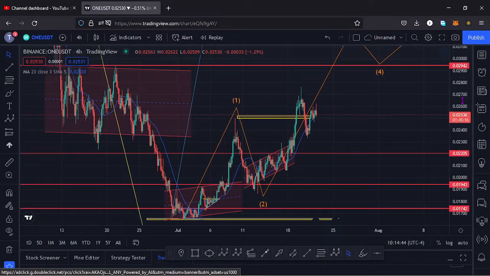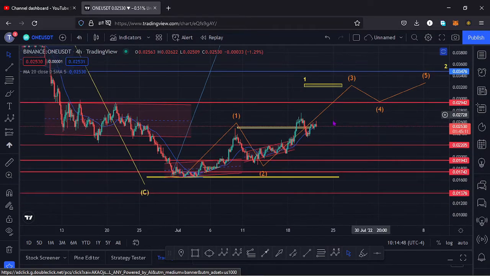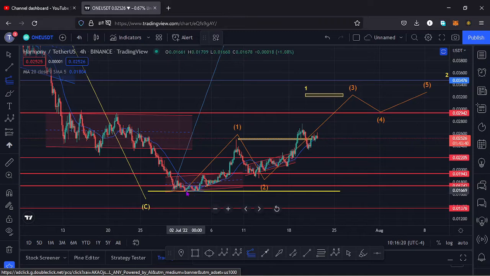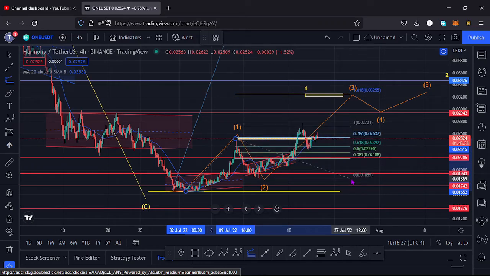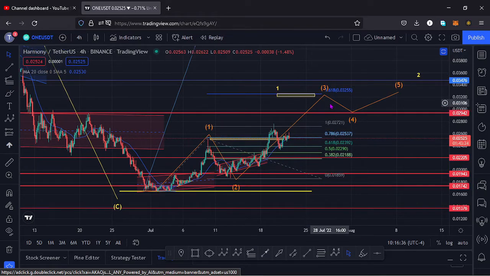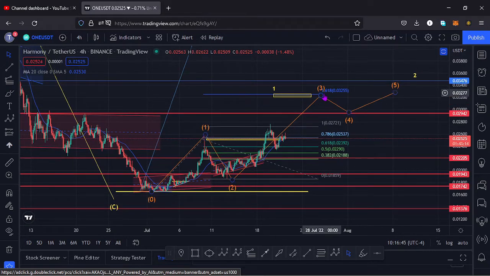And in that wave 3 I have a target area here on the screen, which is the minimum that I expect that wave 3 to the upper side to do, which I'm basing on the trend based Fibonacci. If I apply the trend based Fibonacci here, connecting the low for the wave 1 to the high of that wave 1, then dragging the fibs to the low of that wave 2, that gives us a target area here on the screen within this yellow target up here at around the $0.03255 mark, which is at around the fib level 1.618.